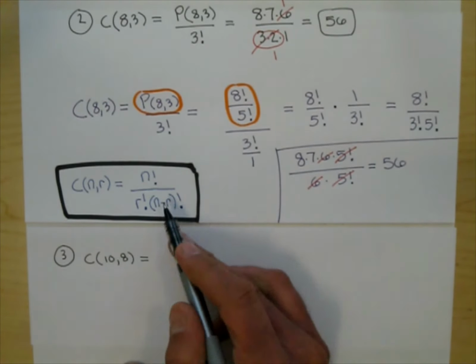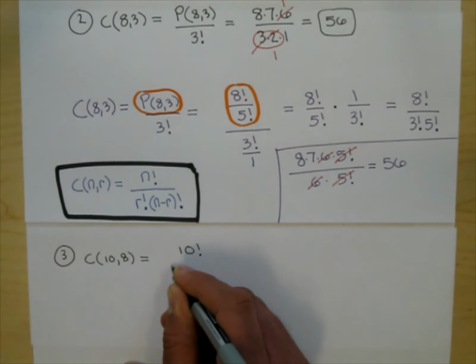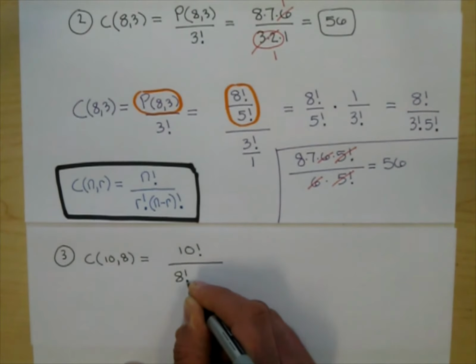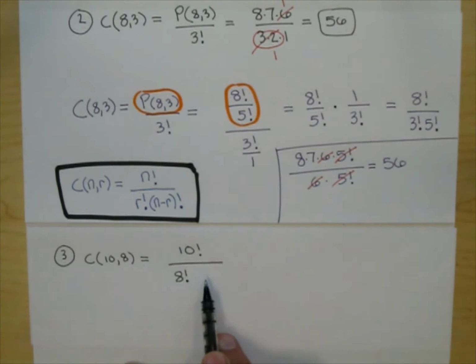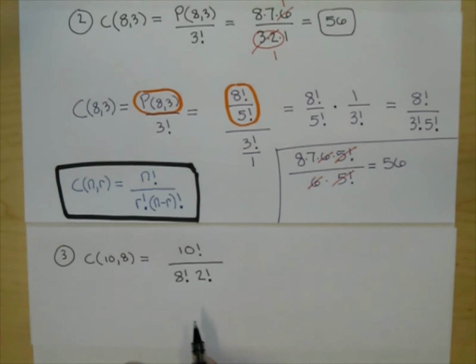So what we do is we use this formula. You put 10 factorial on the top, 8 factorial on the bottom, that's that R part, and then you want the bottom numbers to add up to 10, so you're going to need a 2 there, 2 factorial. Now we could have said 10 minus 8 is 2.